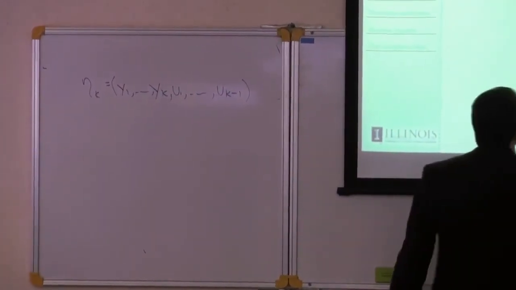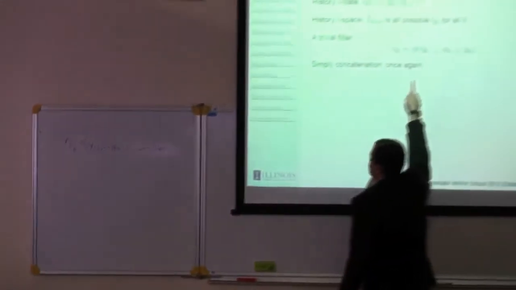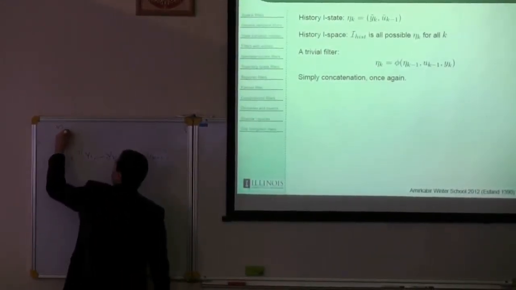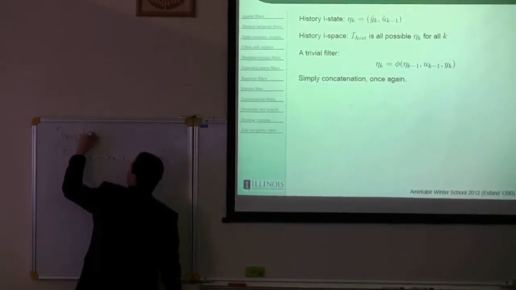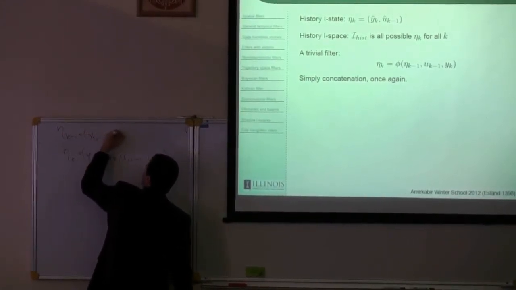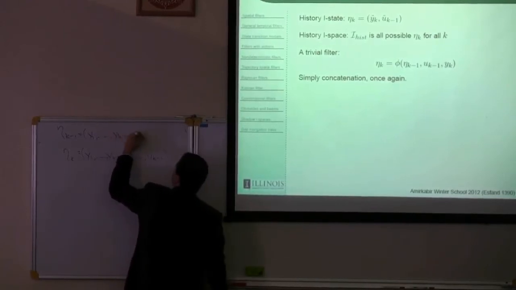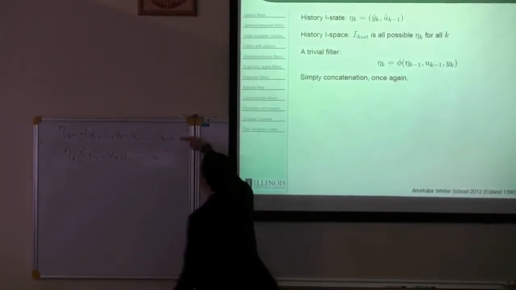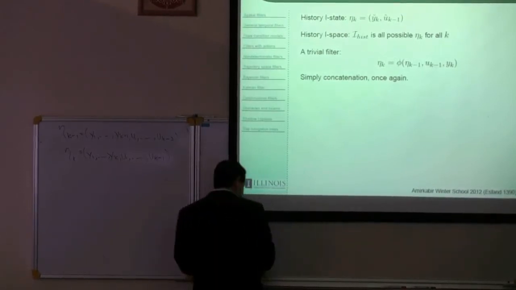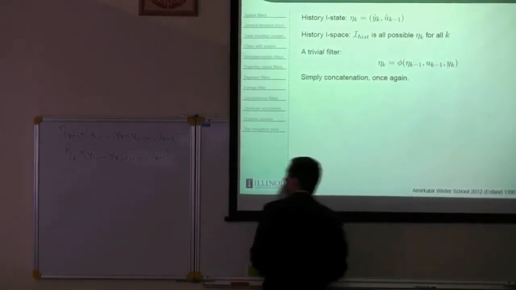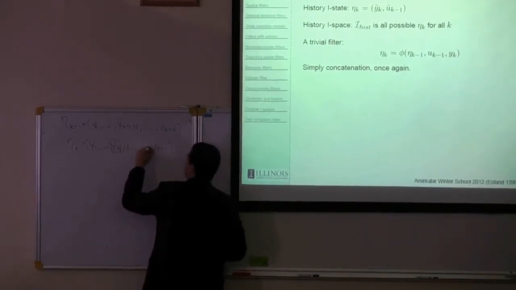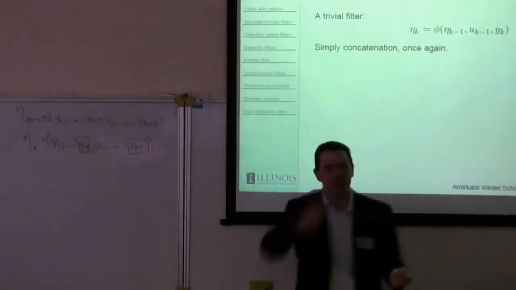And all I'm saying is, if you come from the previous information state, that's y1 going up to yk minus 1, and u1 going up to uk minus 2. So all you do to go from here to here is just concatenate on the newest pieces of information that you have, which is just including this and including this, right? So that's the simplest filter.